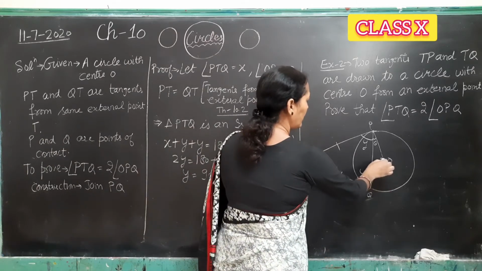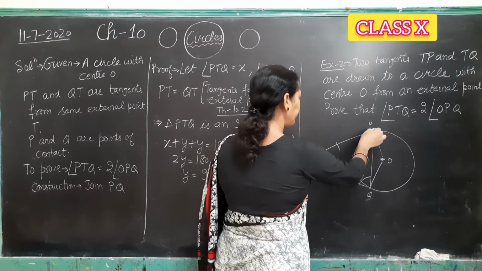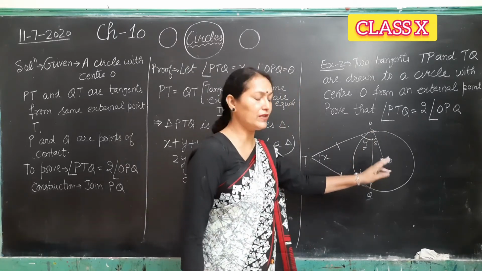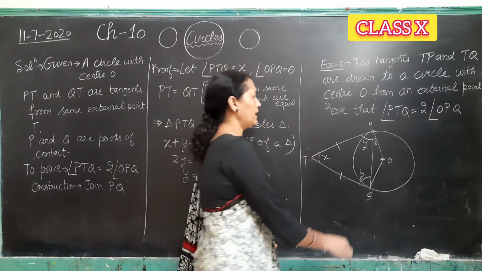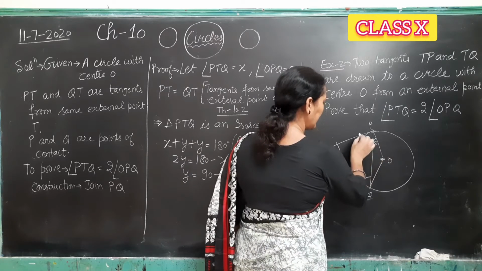Now, we also know that OP is radius and PT is tangent. From theorem 10.1 we have learned that wherever the radius and tangent meet, they form an angle of 90 degrees. That means this complete angle is 90 degrees.